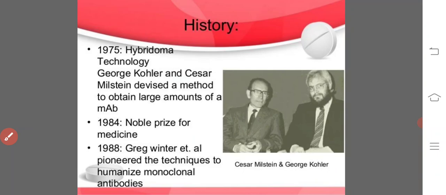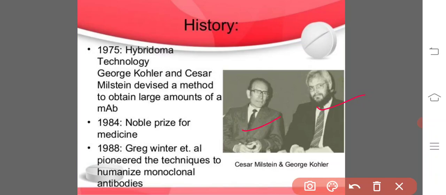And coming to the history of the monoclonal antibodies, in 1975, George Kohler and Caesar Milstein devised a method for preparing monoclonal antibodies, which quickly became one of immunology's key technologies.